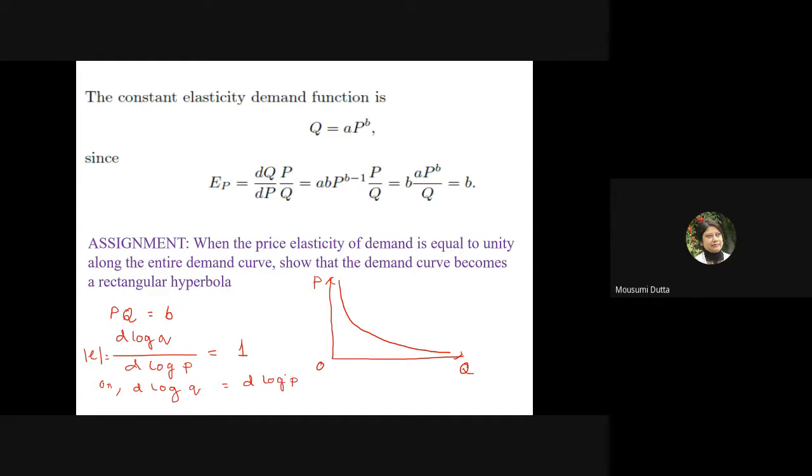Now, anyone please tell me what will be the next step? What I'll write in the next step. Ma'am, we will integrate both the sides. Very good. Integrating both sides. Would you please continue, what will we get integrating both sides?